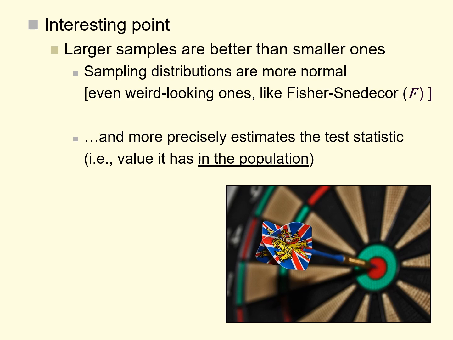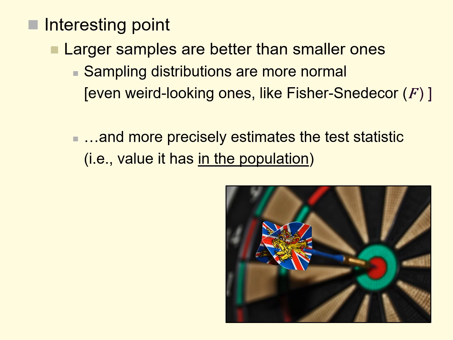If we have a very small sample, we know that our sampling distribution is going to be rough, it's going to be oddly shaped perhaps, and it's not going to give us the type of precision of estimation that we would if we had a sampling distribution based on quite large samples. So yet another reminder to have large samples when at all possible.